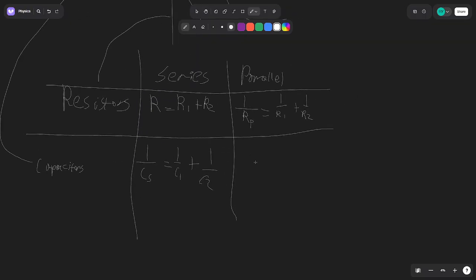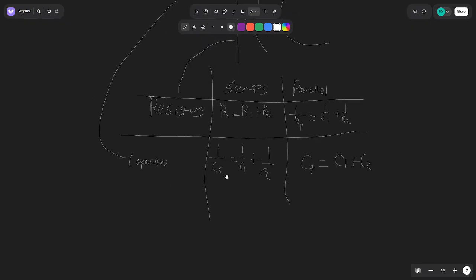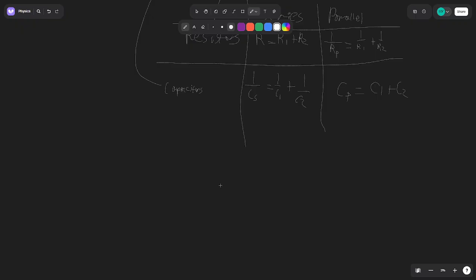And for the parallel, so now let's learn an example of how it works in a circuit.